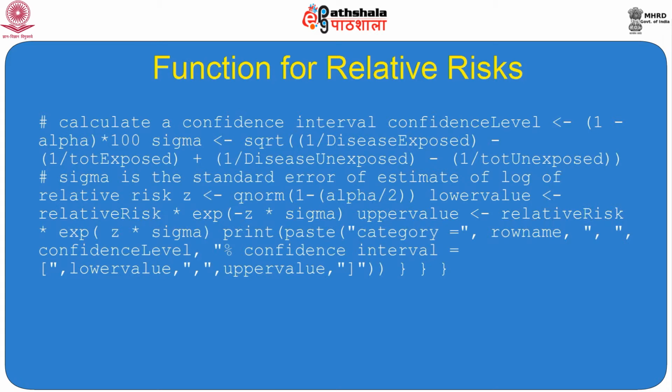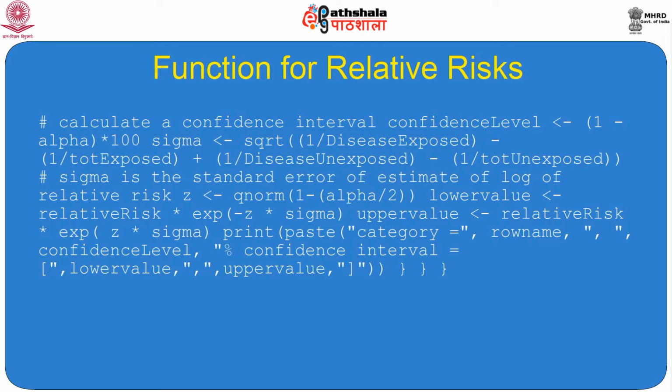Now to get the z value, basically to obtain the p value, z is equal to the quantile of the normal distribution at 1 minus alpha by 2, and the lower value of relative risks is defined as relative risks multiplied by exponential of minus z multiplied by sigma, and the upper value is defined as relative risks multiplied by exponential of z multiplied by sigma. The whole result is printed as spaced category row name confidence intervals.